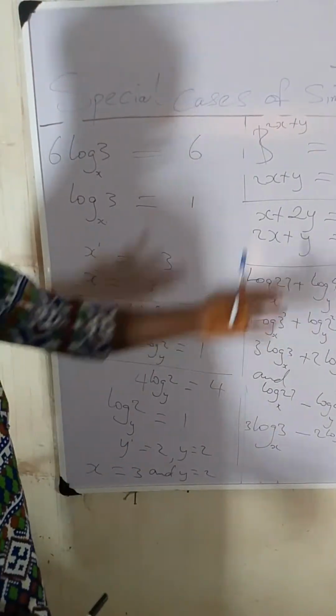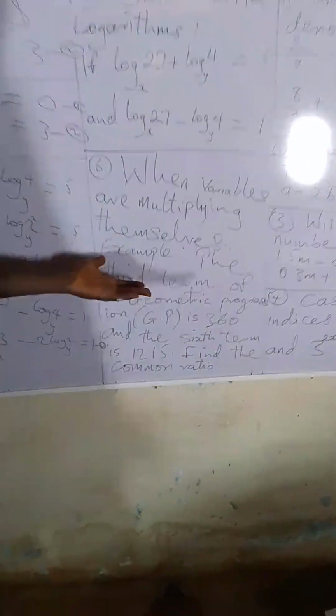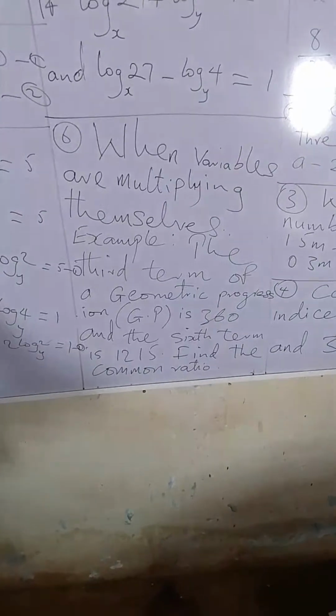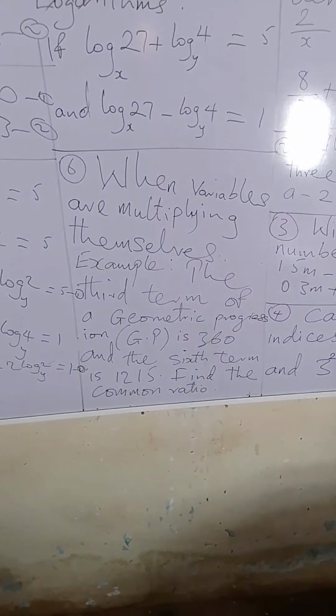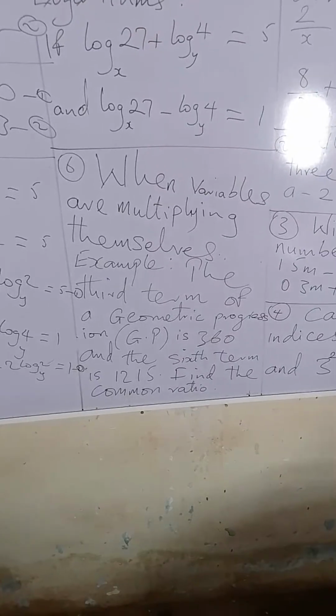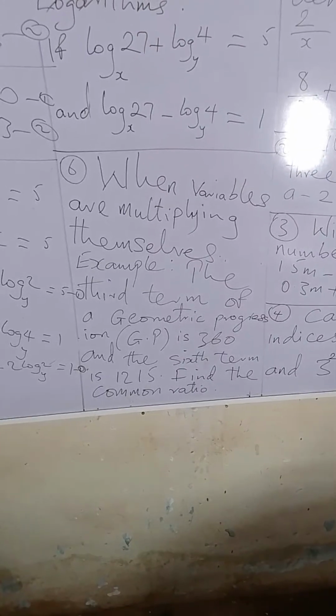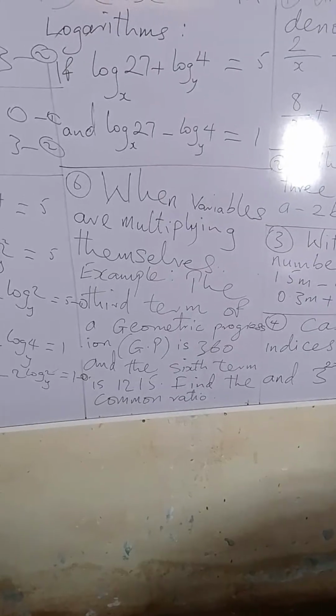Very good. Finally, we are going to get to number 6, what we say when variables are multiplying themselves. You can see that in all calculations we have done so far, we keep on having x plus y.